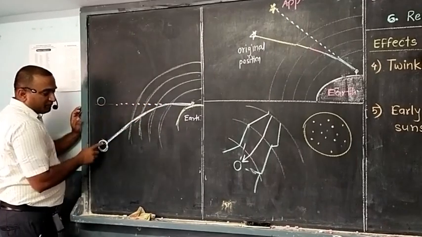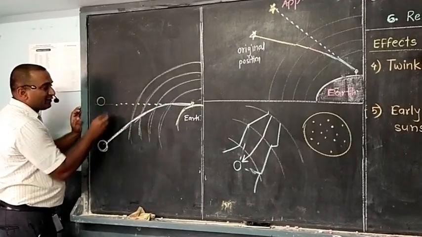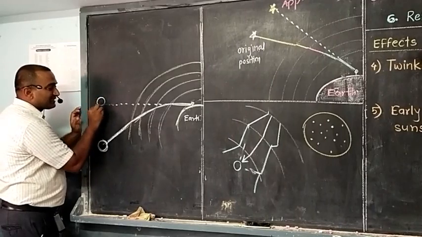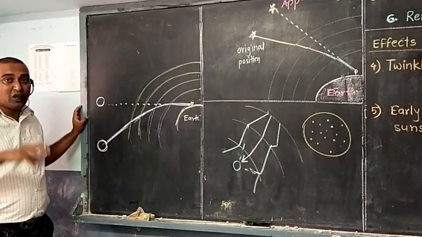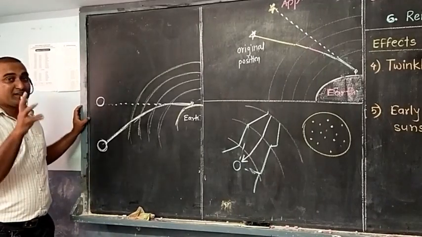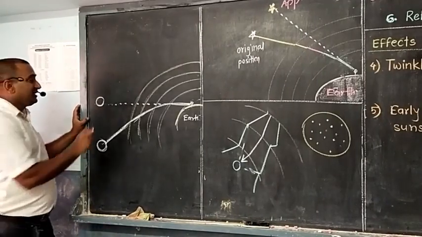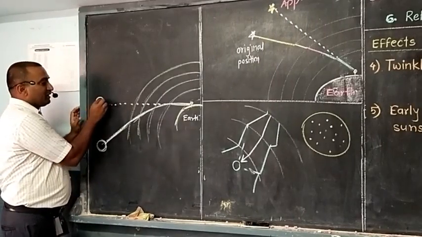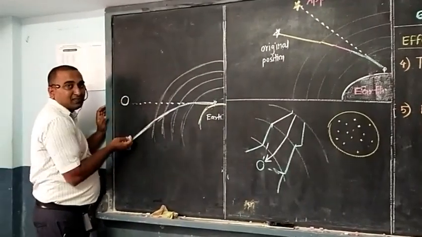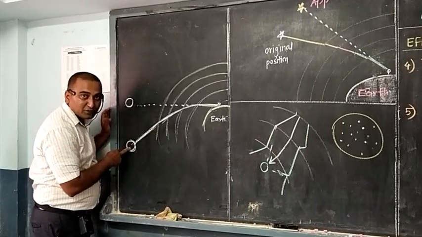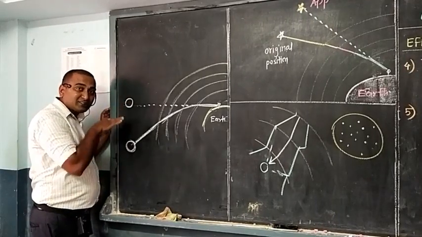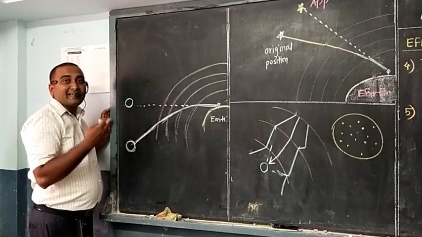Though the sun's position is a little down, he is observing that some rays are reaching, and so the sun is not very furious early in the morning. The sun is a little dim in the morning, so he is observing the sun above the horizon, though the sun is below the horizon.